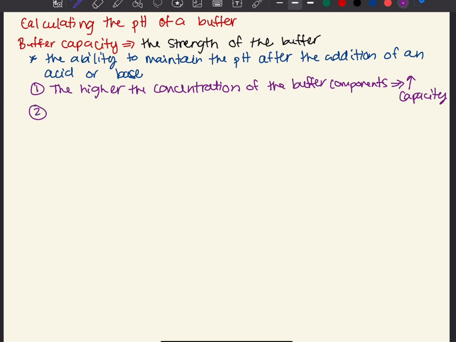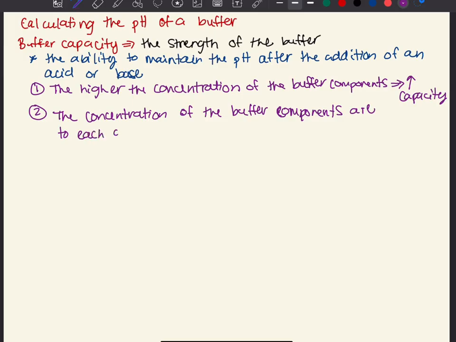The second is going to be the closer the concentrations of the buffer components are to each other, that is also going to increase your capacity.